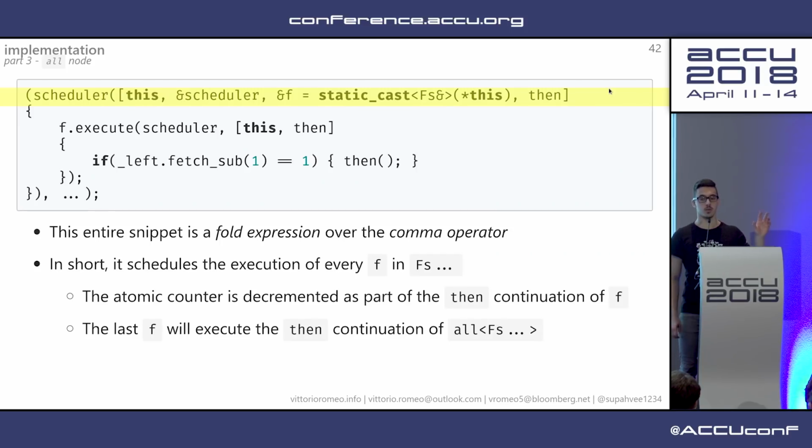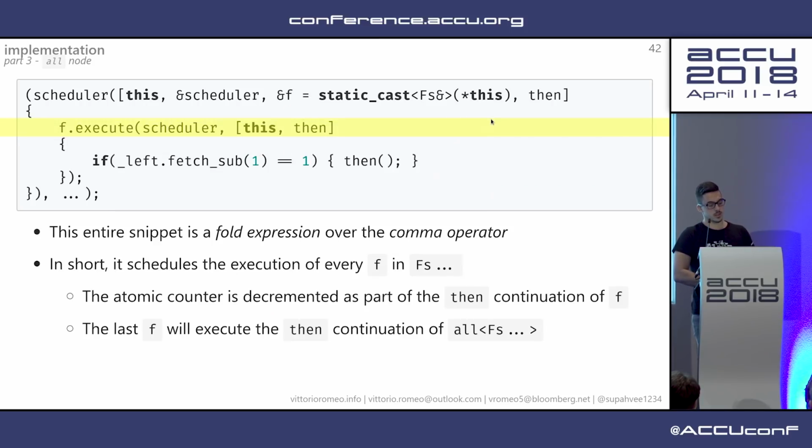So this is the way we retrieve f0, f1, and f2 by simply casting ourselves to one of their base classes. And fs is a pack, and this whole thing will be expanded for each type inside fs. And then we copy then because we might need to use it as the continuation of the other functions.